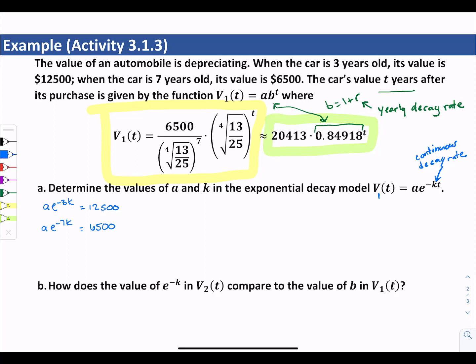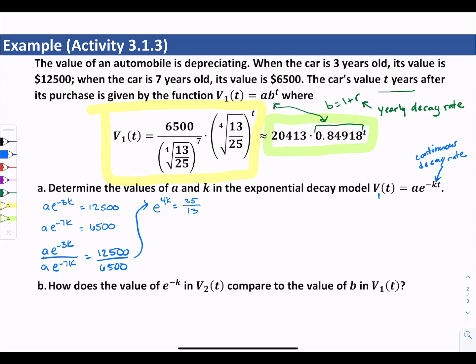And we know that the ratio of outputs in equally spaced inputs should be constant. So in other words, we should be able to divide ae to the negative 3k by ae to the negative 7k, and that should equal 12,500 divided by 6,500 in this exponential model. So simplifying this is going to give us e to the 4k equals, and then I'm going to reduce this fraction, 25 over 13.